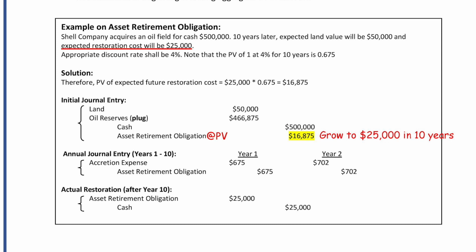Then annually, you're going to have an accretion expense, right, each year. Then the actual restoration, highlight after year 10, and you have cash being paid out for the asset retirement obligation. So draw an arrow from where we had written grow to $25,000 to the $25,000 number on asset retirement obligation.